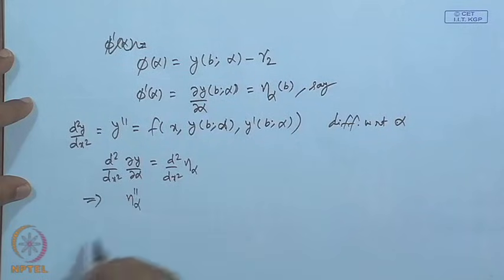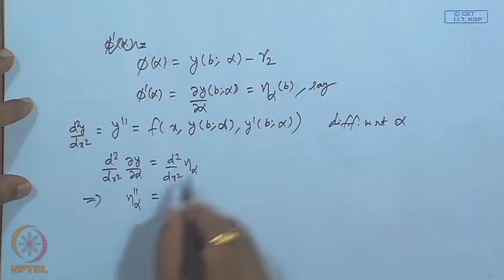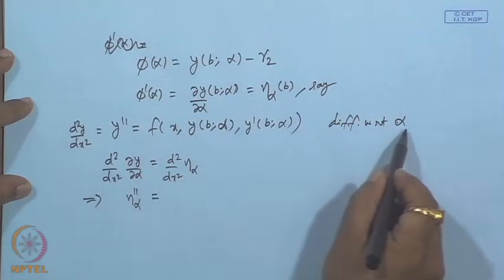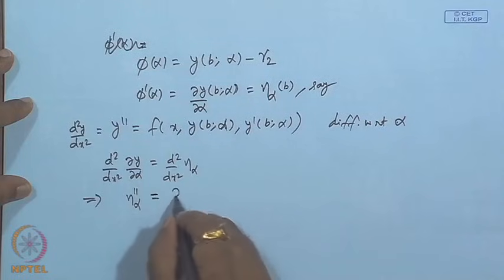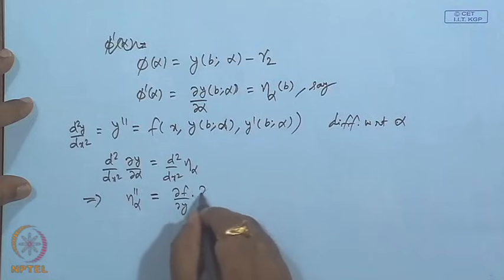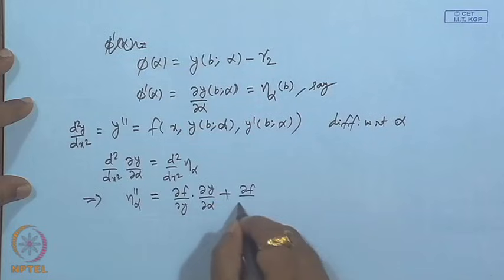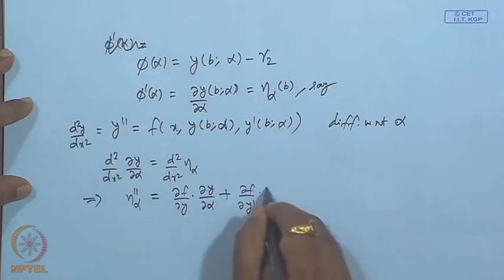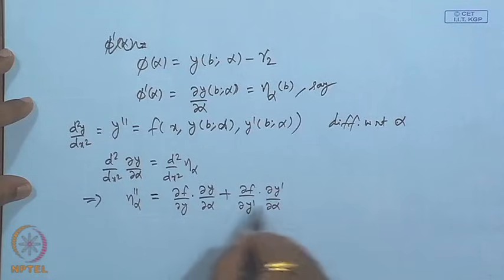So, we get eta alpha double prime, I am denoting. So, this is taken there equals, now the right hand side we have to differentiate with alpha. So, we use the chain rule: x is independent, dou f by dou y, dou y by dou alpha, plus dou f by dou y prime, dou y prime by dou alpha.